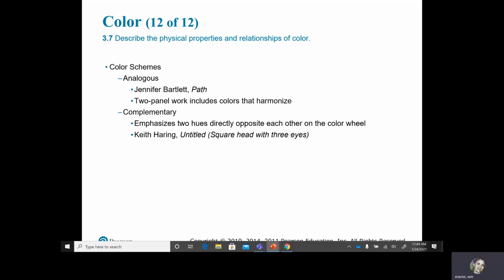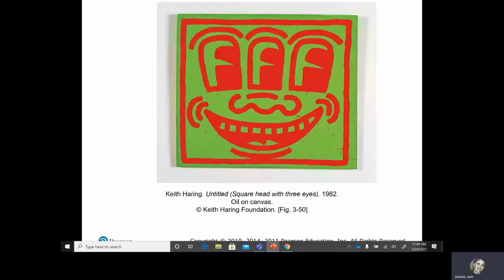I always remember that from red and green being opposite each other on the color wheel, and complementary are Christmas colors. So you can remember that: complementary are the opposites, analogous are side by side. The example we have here is Keith Haring's Untitled Square Head with three eyes. Red and green are opposite, and they create a visual pop.